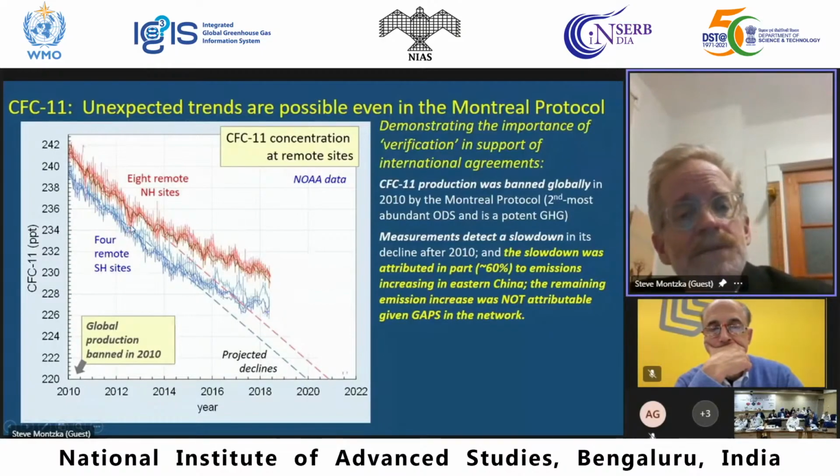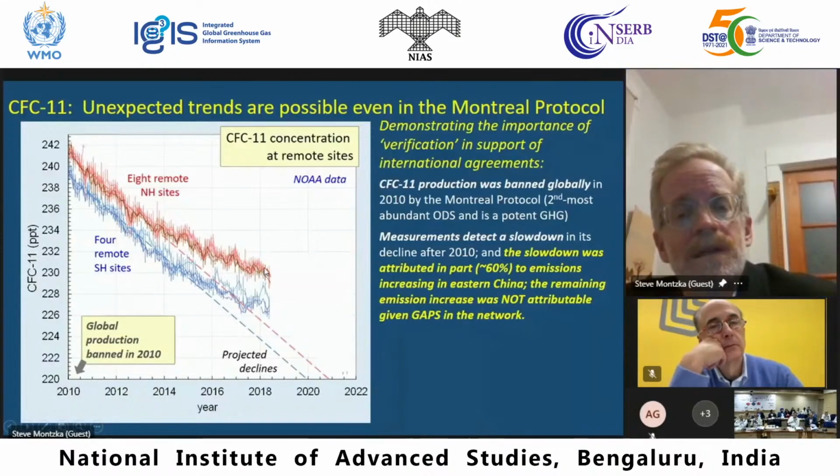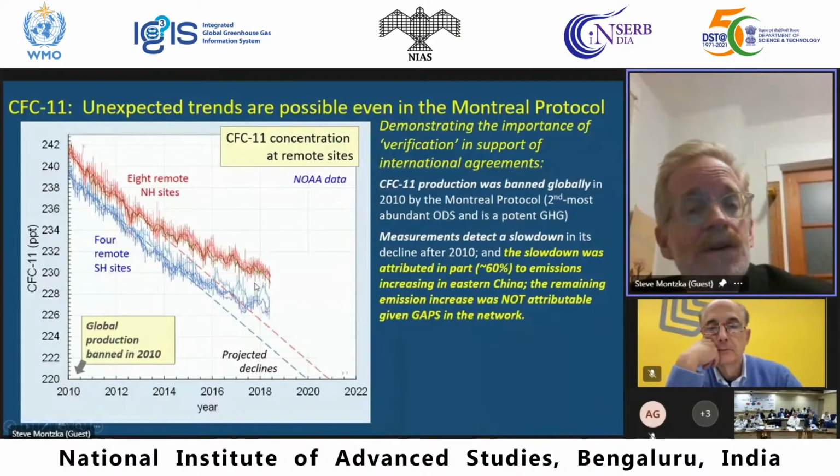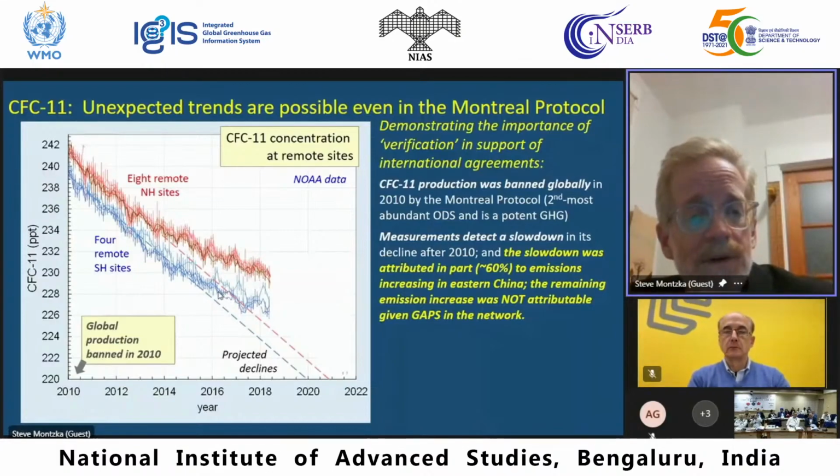And you can see that after the ban, we expected the concentration to continue to decline, at least at the same rate. Instead, we see that the concentration decline slowed. Well, this didn't make sense, and in fact, it pointed to the presence of increased emissions and most likely increased use and production of this chemical that had been banned by the protocol after the date that it was banned.